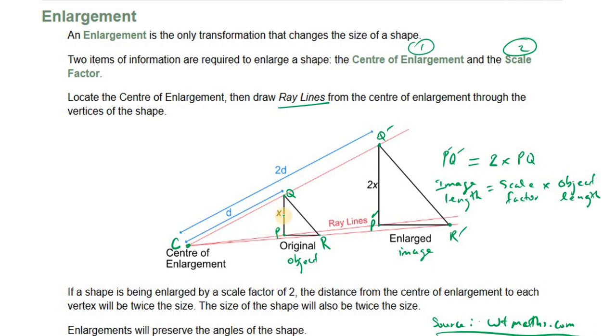In case this is x, we multiply by a scale factor of 2, and that gives us the image length, which is 2x. And this is a nice formula to work with. So if we look at P prime to R prime, then it's equal to twice the length of PR. Okay, so hopefully you understand that.